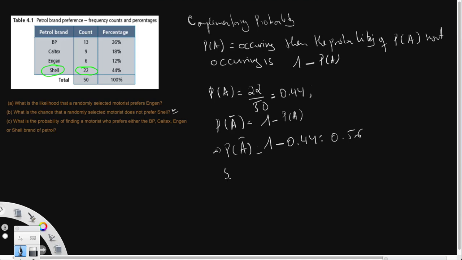Therefore, we have a 56% chance of finding a randomly selected motorist that does not prefer the Shell brand.